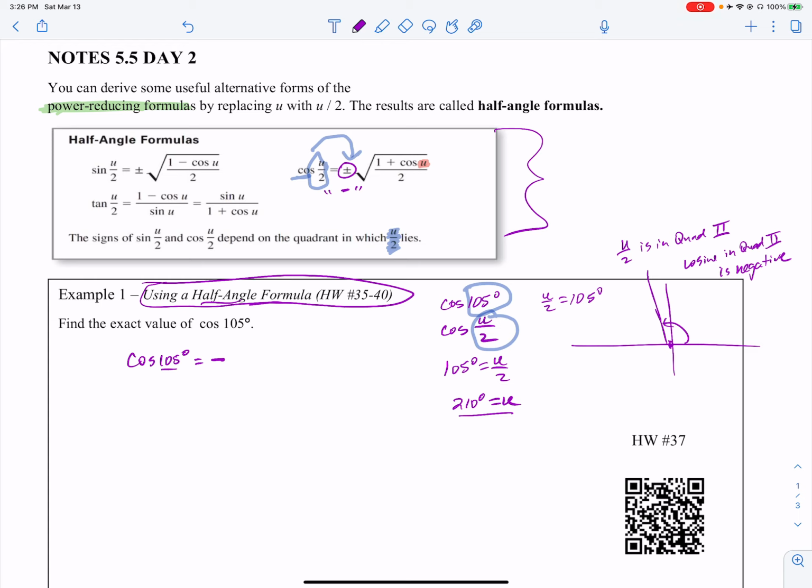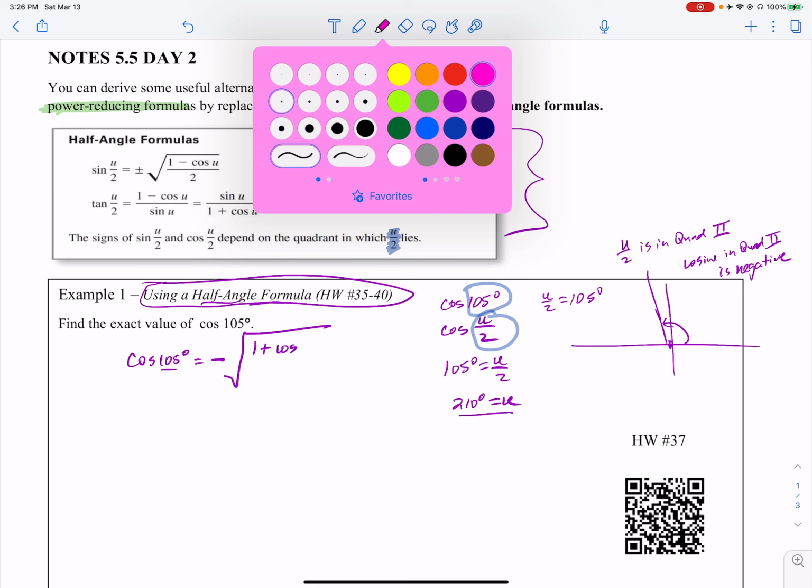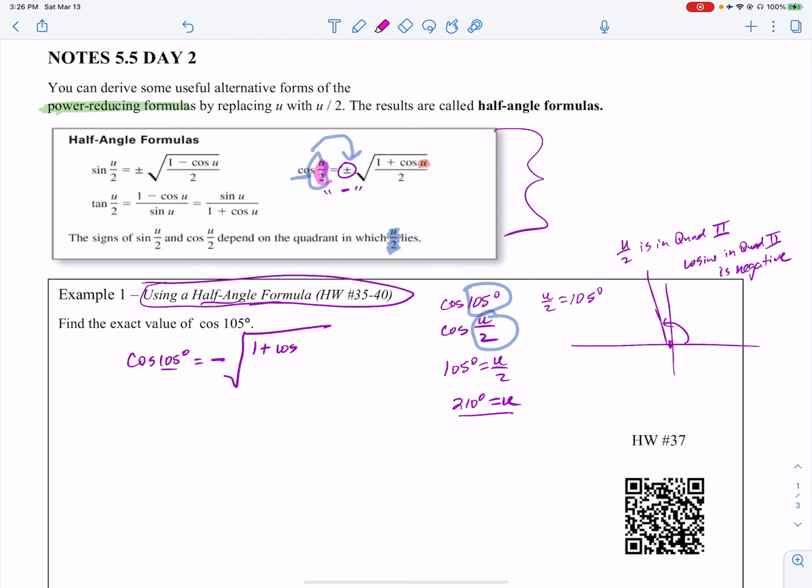But now in the formula, I have a 1 plus cosine of u. What is that relationship between u over 2 and u? Well, u is twice what is here. So I need this to be 2 times 105. This is that 210 degrees right there, all over 2.